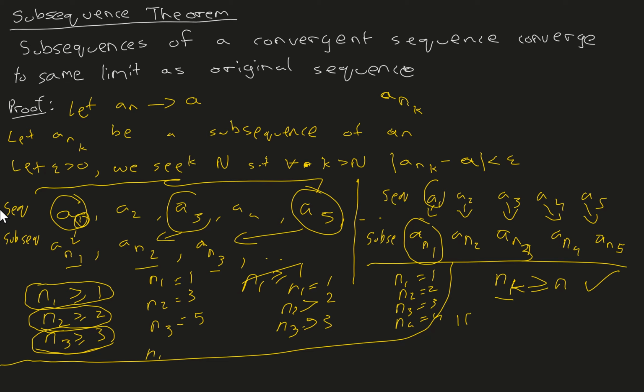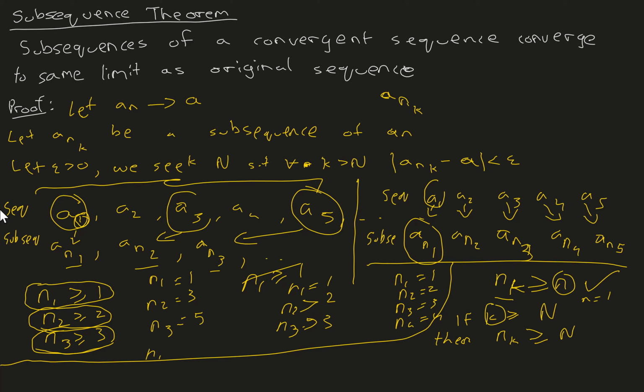So if k is greater than or equal to capital N, then, right, I'm running out of room here, let me do this right here, then Nk is also greater than or equal to N, because Nk is greater than or equal to k, and because here n is equal to k, this n is the same as k here.